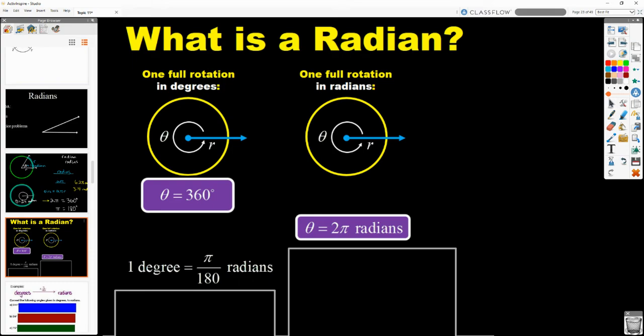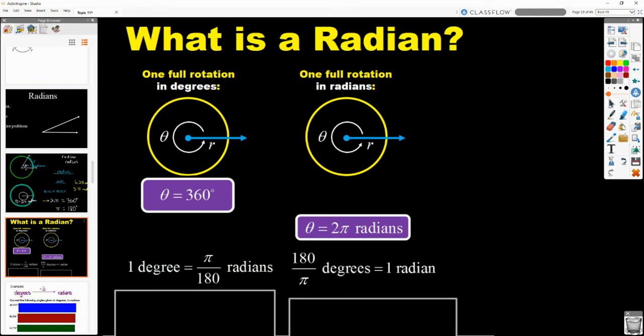And if you do that conversion the other way, you would get that 1 radian equals 180 divided by pi. So you flip it over. Okay, and if you flip that over and type it in the calculator, 180 divided by pi equals 57.3 approximately. Okay, so 1 radian is about 57.3 degrees.